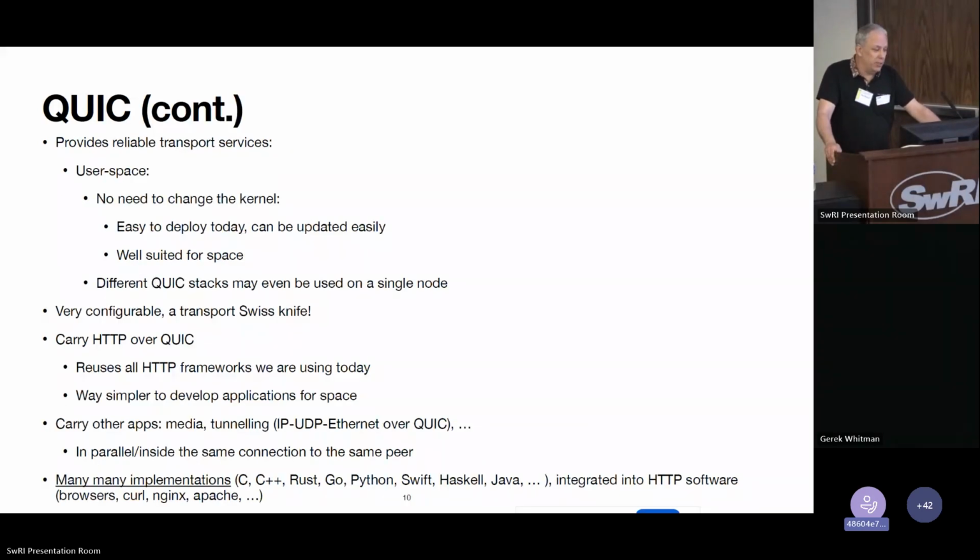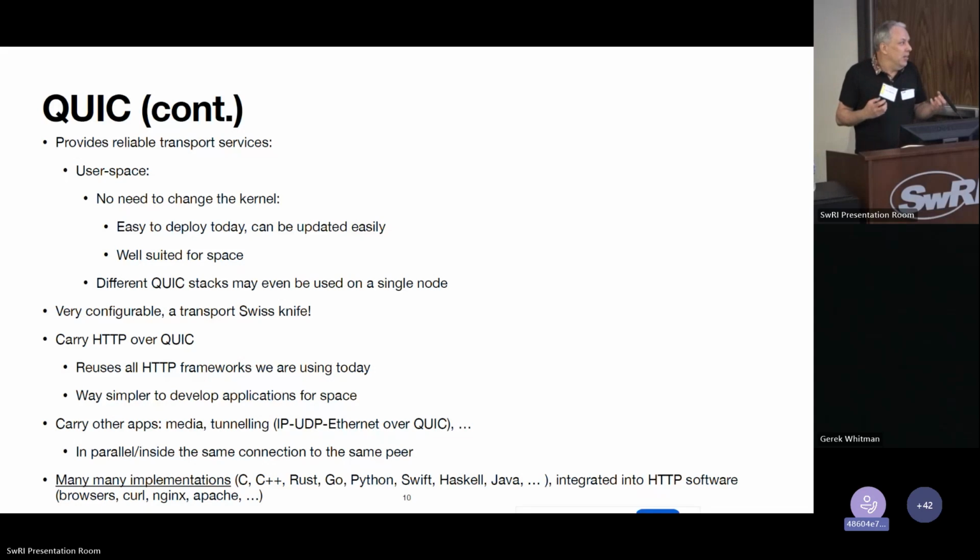QUIC provides reliable transport services. It's user space, no need to change the kernel. It's easy to deploy today. It can be updated, very configurable. It carries HTTP very quickly, so you can reuse any HTTP framework. But you need to be careful. Why? Because HTTP frameworks sometimes think that you are always connected, and therefore they do really chatty stuff.